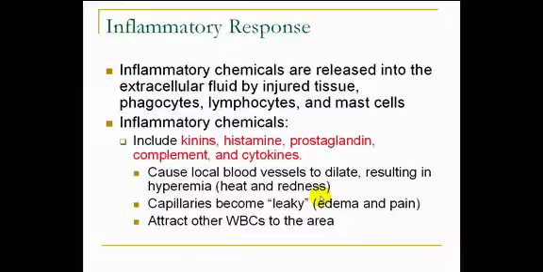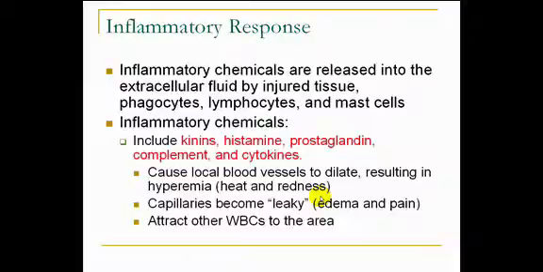But some that you should be familiar with are kinins, histamine, prostaglandins, complement, and cytokines. These are all chemicals that can be released by these cells when they detect a foreign agent. Now, all of these trigger inflammation.